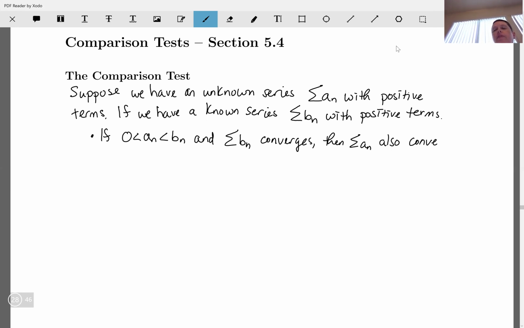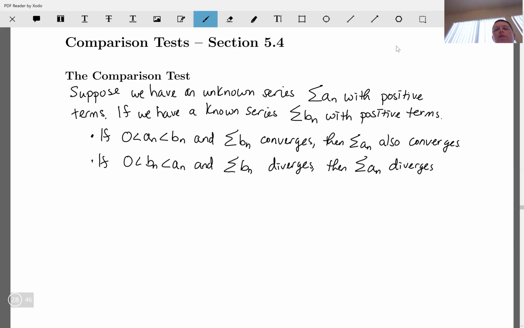And if my b sub n terms are smaller than my a sub n terms, and I know that my b sub n series diverges, well, then that tells me that my a sub n series also diverges.